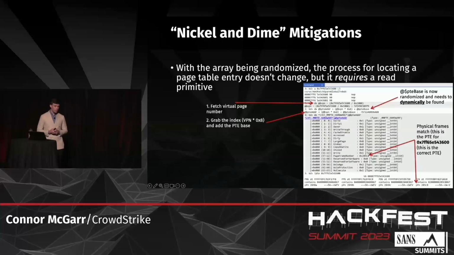And as we can see, using the same formula, if we use the PTE extension, we can see that the frame on the screen corresponds to the same frame we extract from the PTE itself. Effectively saying we can use the same formula, but now we need a read primitive because that memory is randomized. We don't get it for free just by nature of us being on a 64-bit system, for instance.